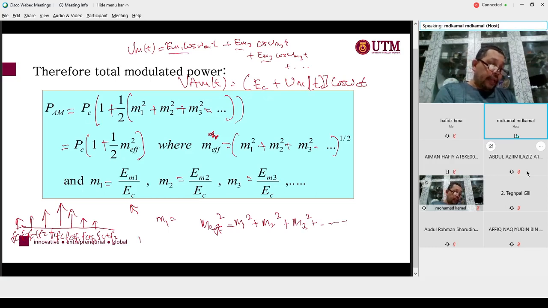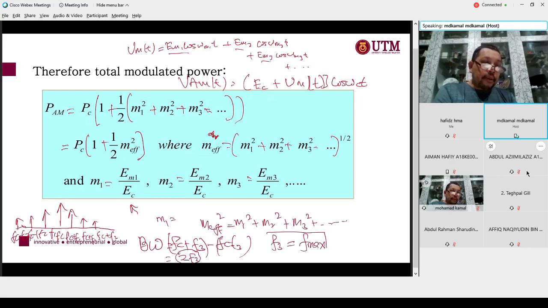If you want to find the bandwidth, it is the upper FC plus F3 minus FC minus F3, which is 2F3. F3 is the F max, the maximum frequency. So the bandwidth is equal to 2 multiplied by F max.